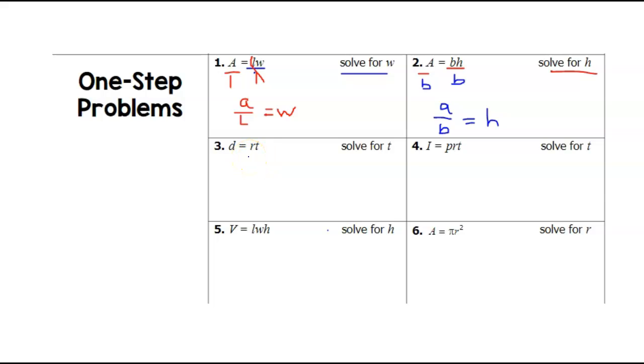Number 3, you're going to solve for T. What do I do to get T by itself? Well, I'm dividing again, right? I divide by R. So I end up with D over R equals T.